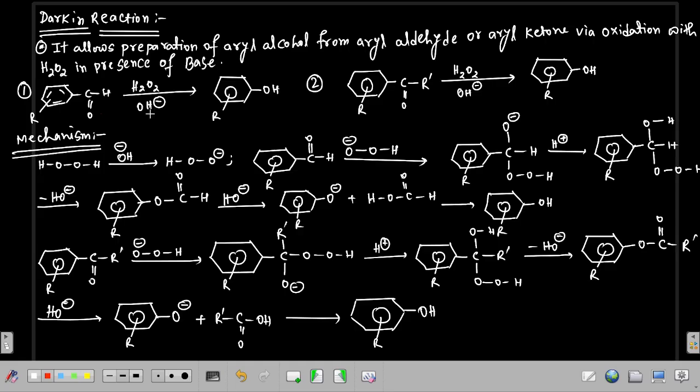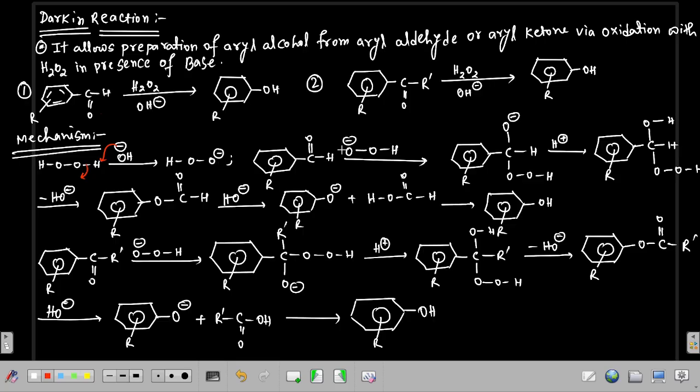We are using sodium hydroxide as a base, so it will give aryl alcohol, and in the case of ketone, it will also give the same product. So we will start the mechanism of the reaction. This hydroxyl group will abstract the hydrogen of the hydrogen peroxide, and it leads to the formation of the hydrogen peroxide anion.